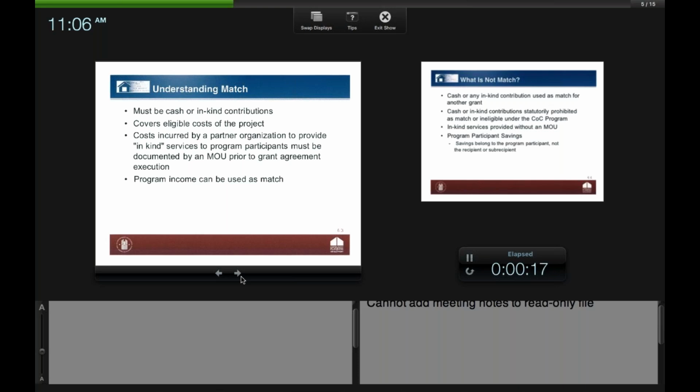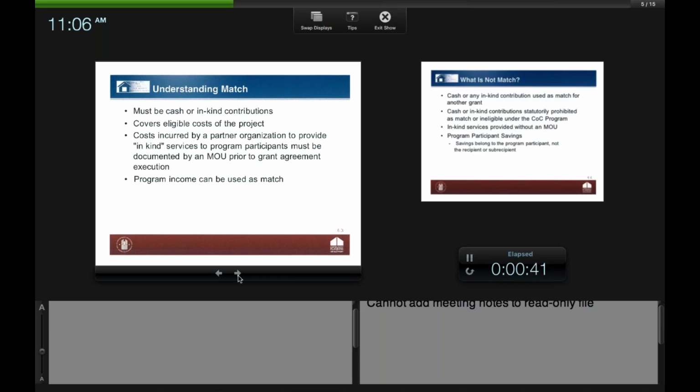Understanding match. This portion is guided by the slides as we go through them, explaining both what match is, what is not match, what counts as match, and how do we document match. Match is either cash or in kind.